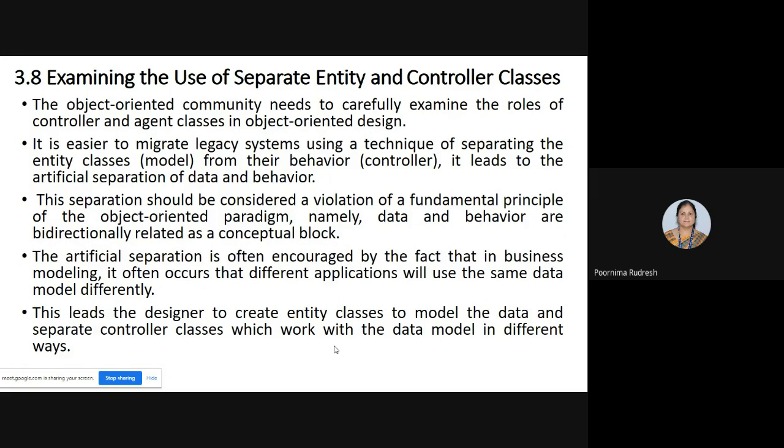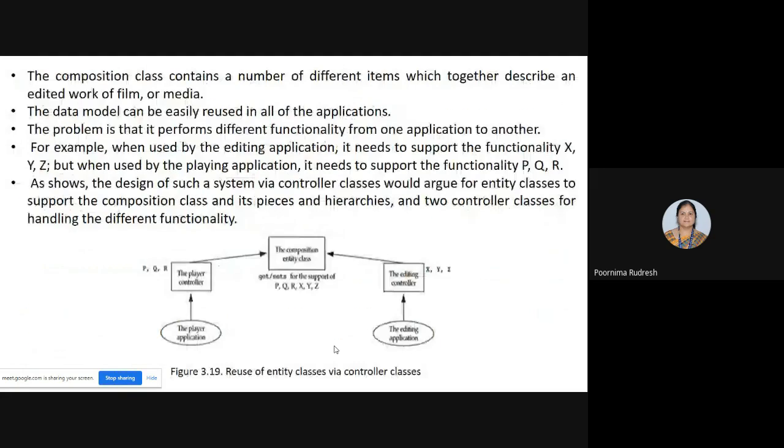Now let us consider an example for the separation of entity and controller classes. Here we are considering the design of a media based framework for a company.